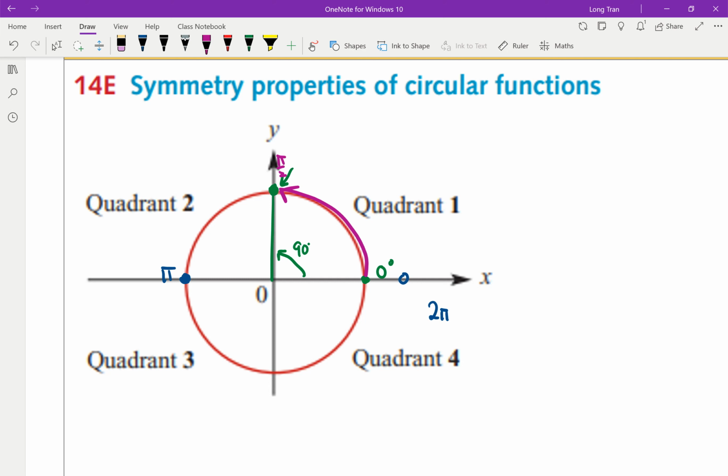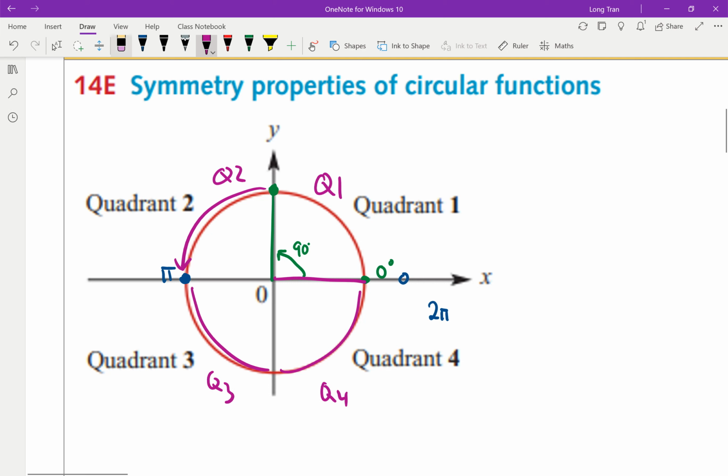We call the first 90 degrees quadrant 1, or Q1. Then as you move into the next 90-degree section, this is Q2, Q3, and Q4.